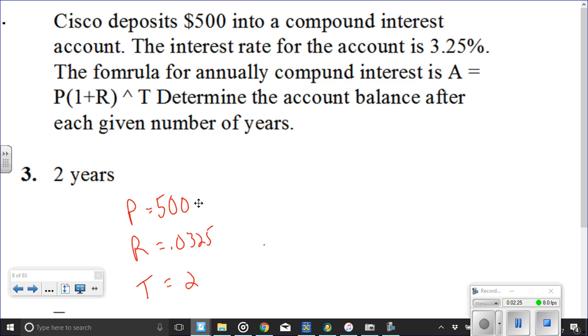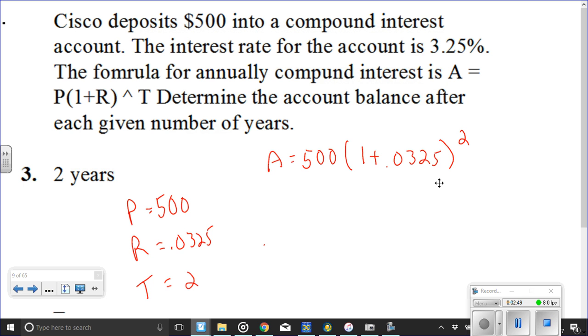The principal, 500. I take my interest rate, convert it to decimal, 0.0325, and multiply it times 2 times for the years. I plug that in, and I'll have 500 times 1 plus 0.0325 raised to the second.